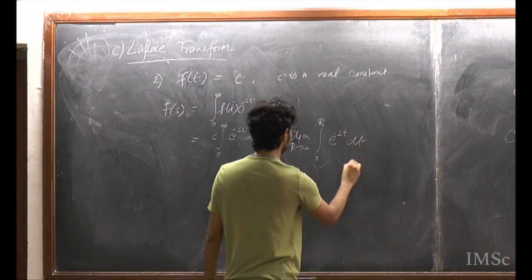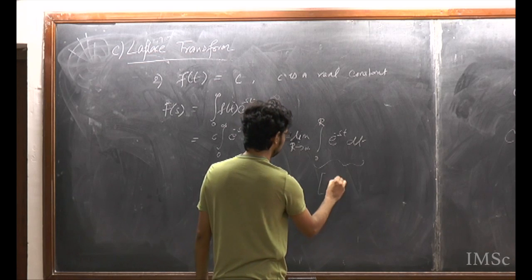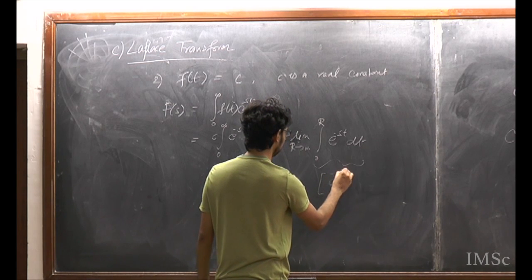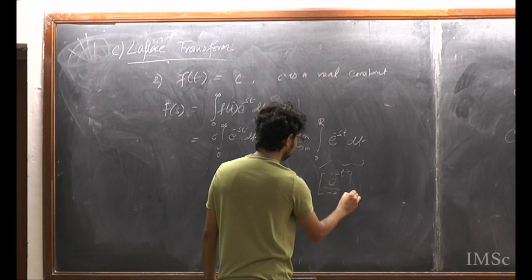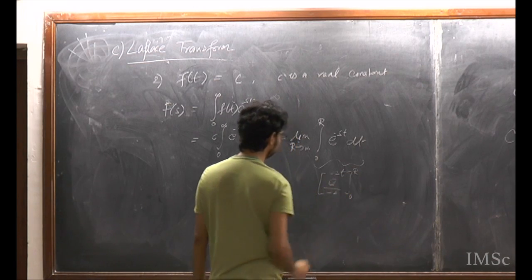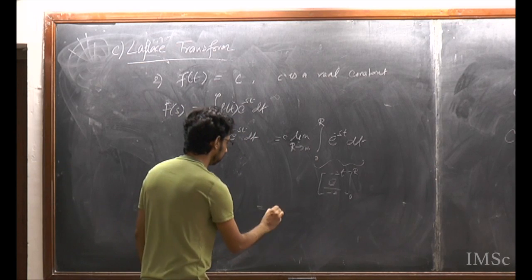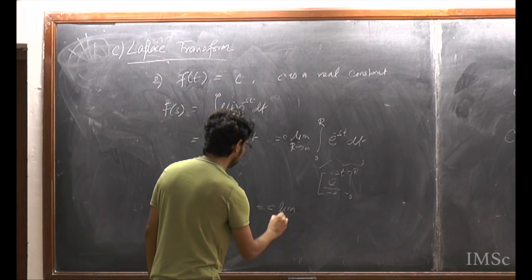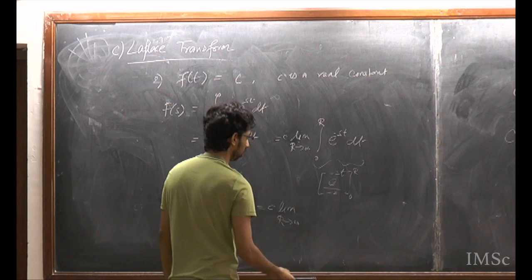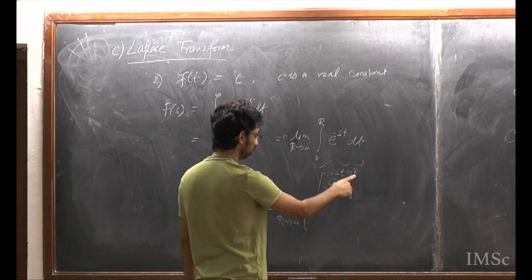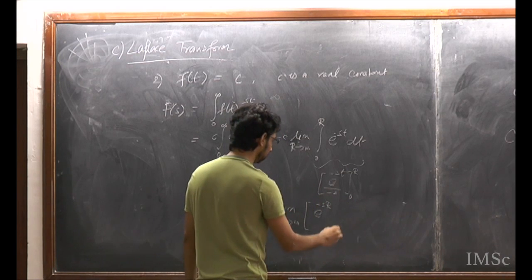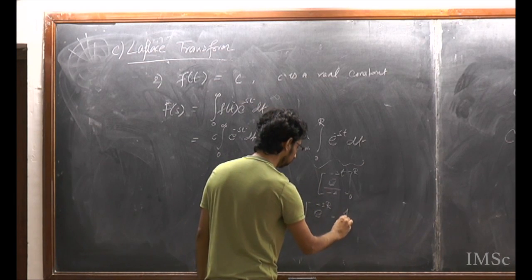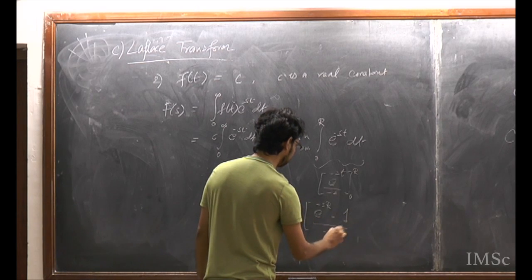Now this integral is easy to compute. This is e^(-st) over minus s, from 0 to r, right? So what do you get? c times: first you put r, e^(-sr), then you put 0, so you get 1 over minus s.